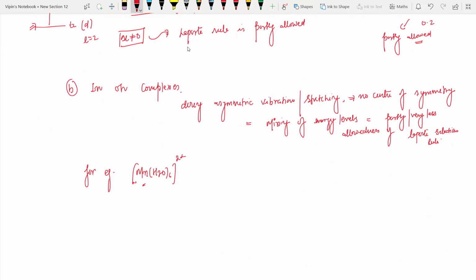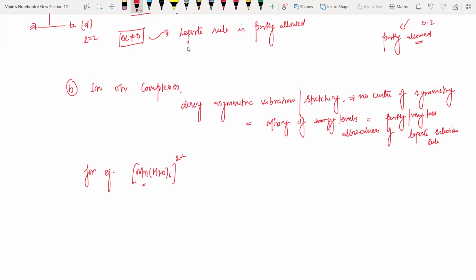That excitation of electron occurs because of absorption of light, and if there is absorption of light, then there will be some possibility of color. As the time for this kind of stretching is very, very small, the mixing of energy levels will also be very less, excitation of electron will be very less, and similarly the absorption of light will be very less, leading to the very weak color of such complexes.